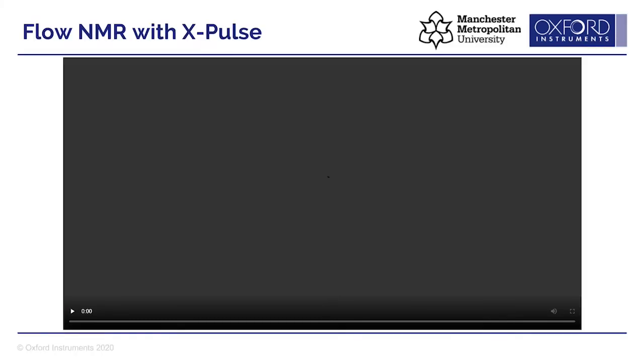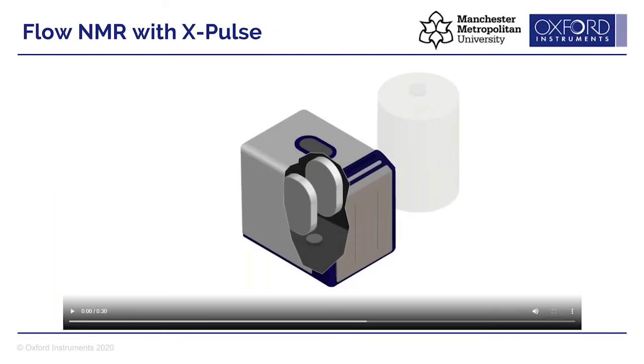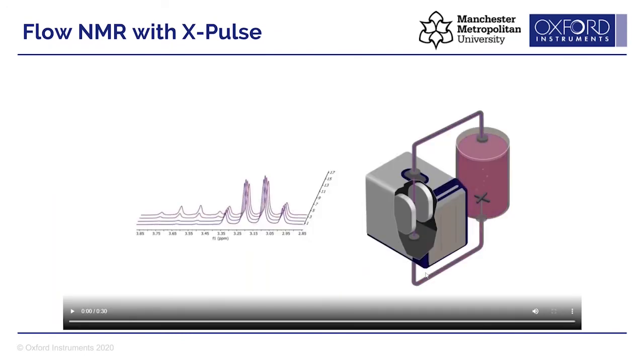So in terms of actually what we're doing here, you've got a reaction mixture, which is shown on the right, and we're constantly flowing that liquid through the two poles of the magnet so we can interrogate it using radio frequency pulses. And you can see on the left-hand side that we've got some spectra being generated.